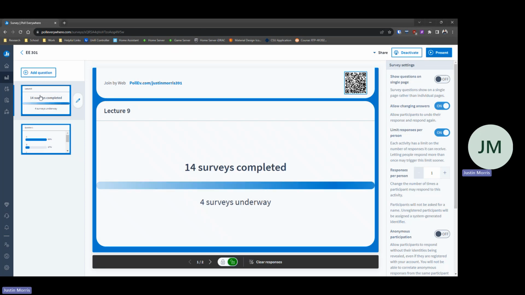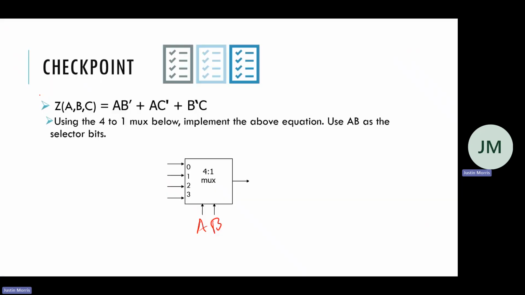The 4 is still underway. I think that's sufficient that we should go over this together now.